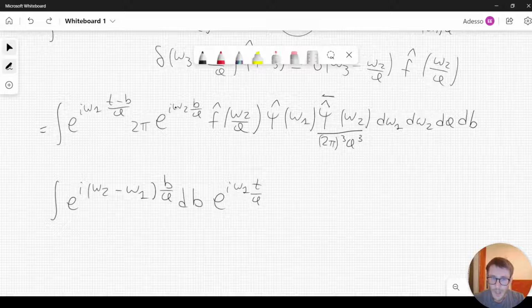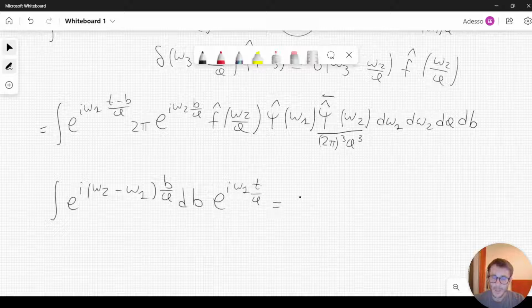So we have e to the I omega 2 b over a times e to the I omega 1 over a times minus b. And these two can be put together into this complex exponential here. And then, of course, everything multiplies this complex exponential. And I can integrate this over b, because all the other functions here do not depend on b. So I can do this integration without taking into account other functions as the integrand for this integral here.